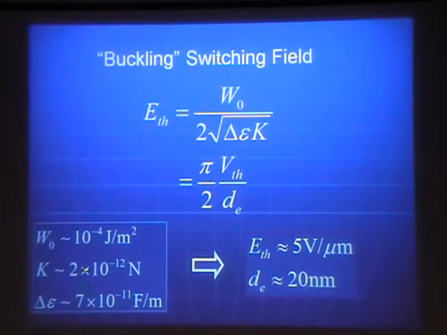The electric constant is 2 times 10 to the 12 Newton, and delta epsilon is 7 times 10 to the minus 11 Coulomb per meter.